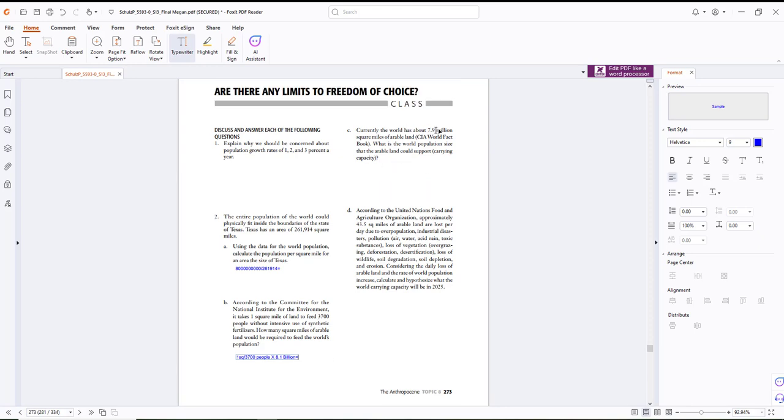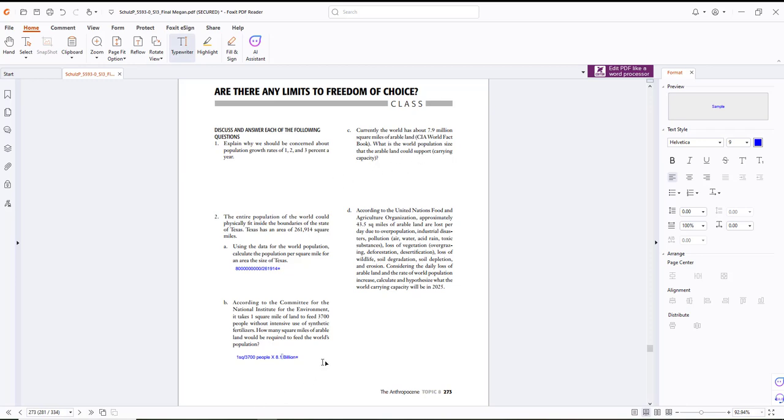So currently, here it says 7.9, so you can move that to 7.9 up here. 7.9 million arable, I thought that said population. So if it's 7.9 million square miles of arable land, what is the world population size that the arable land could support?